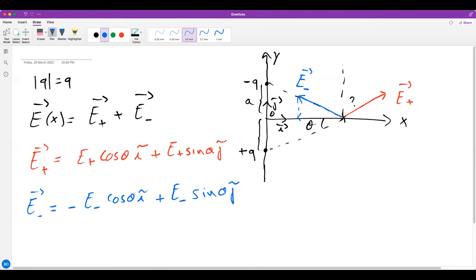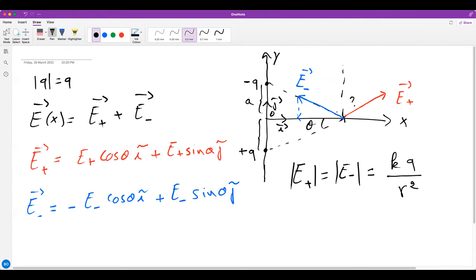Now, because both charges are located at the same distance from the point where I'm calculating the electric field, the magnitude of E plus is equal to the magnitude of E minus at that point, equal to KQ, because both charges have the same magnitude, divided by the distance r squared.